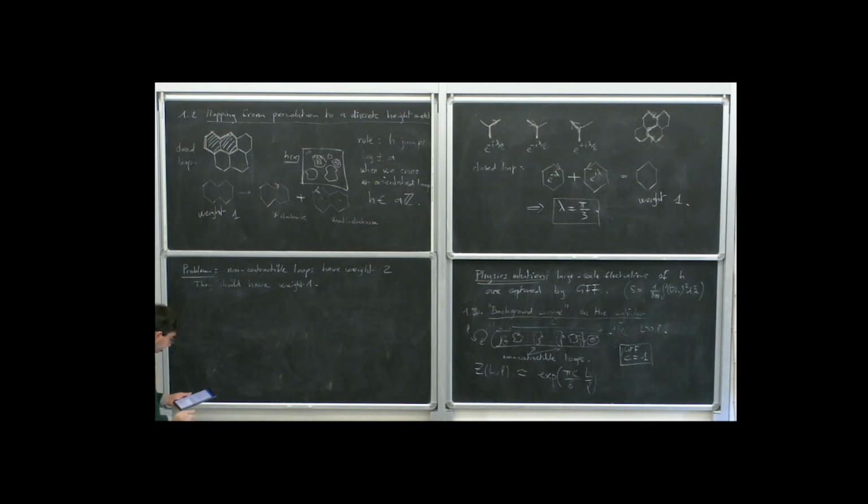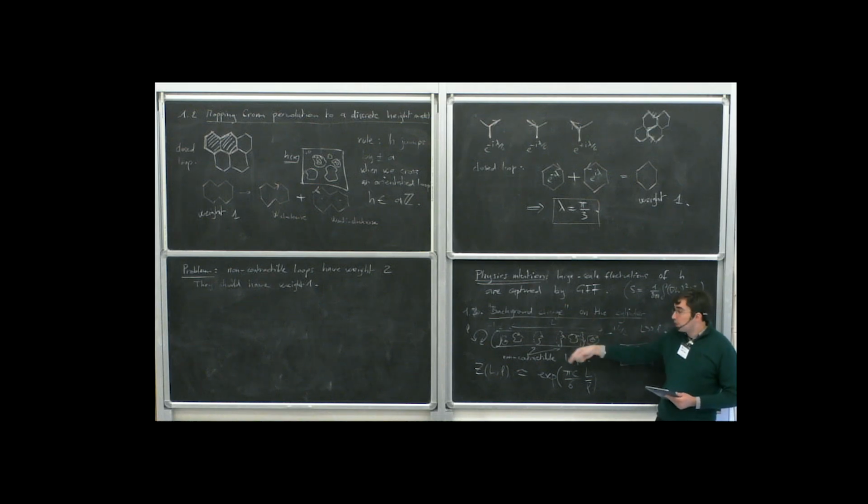Okay. But it turns out this can be cured relatively easily, because if you think in terms of the height configuration, you can easily count the number of non-contractible loops that are oriented in the same way.